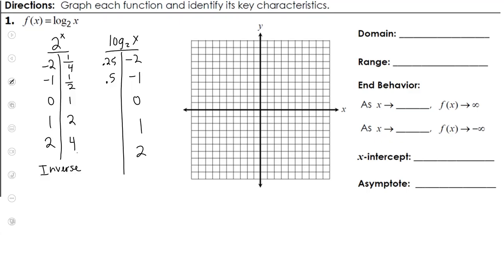I'm putting these values right here. So this would be 1, 2, 4. I switched the x's and y's, that's all. Okay, and I just made these decimals. 1/4 as a decimal is 0.25. 1/2 as a decimal is 0.5. I just changed them to decimals.